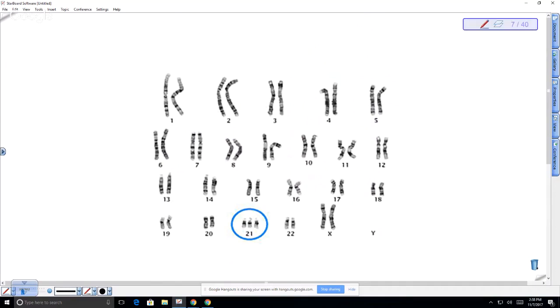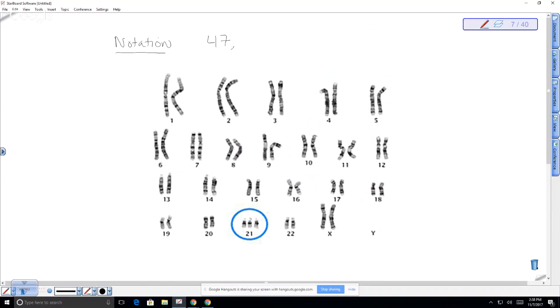So if we looked at a karyotype of a person with Down syndrome, it would look like this. And there is a specific set of notation for this. I'm going to write my notation because I'm going to give you homework where you have to figure out what the notation is. The notation is that I have 47 chromosomes. If I counted up all those chromosomes, because I have an extra 21st, there should be 47 total.